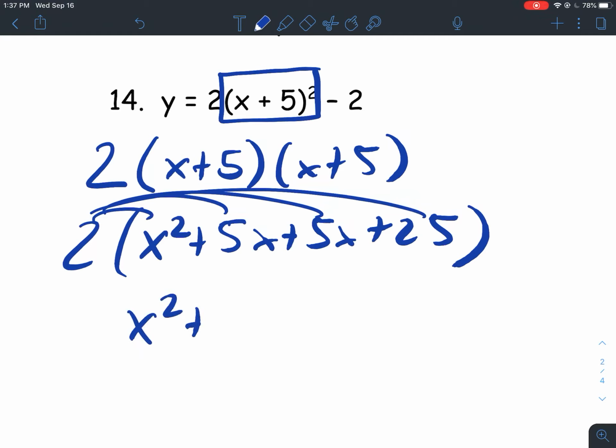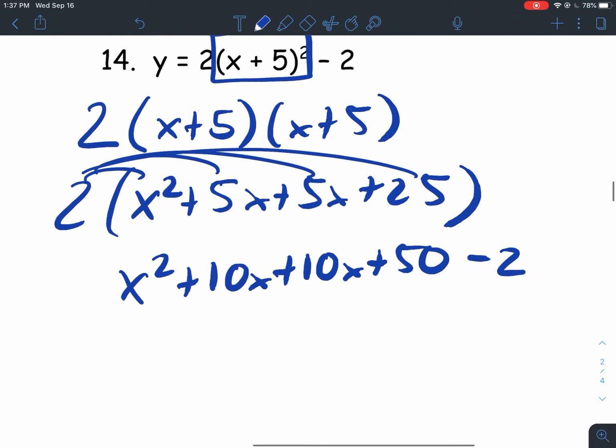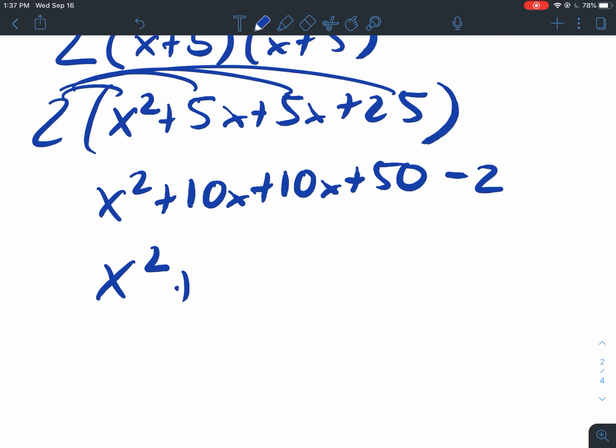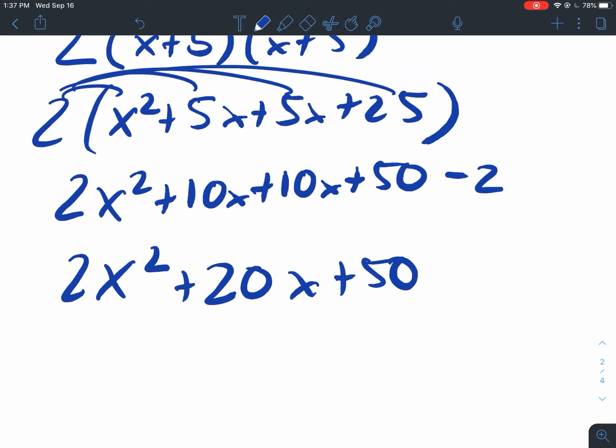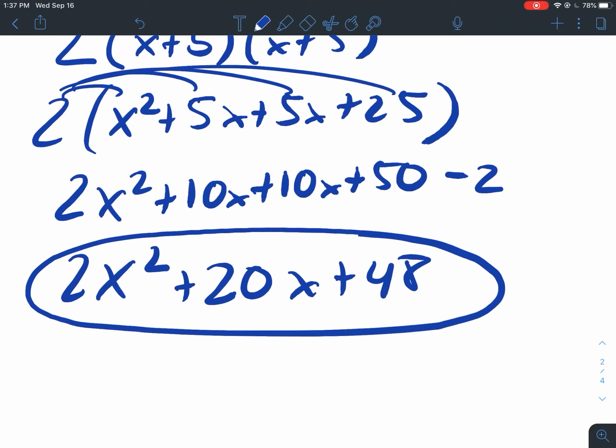So we end up with 2x squared plus 10x plus 10x plus 50. Then we also have that minus 2 at the end. Combine like terms, we get 2x squared plus 20x plus 50. 50 minus 2 is 48. So our answer there would be 2x squared plus 20x plus 48.